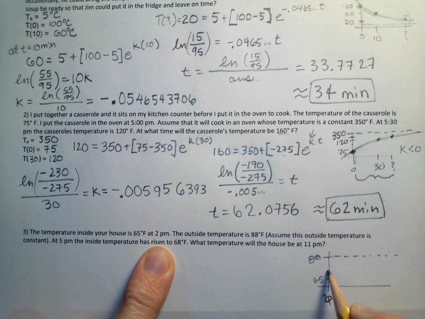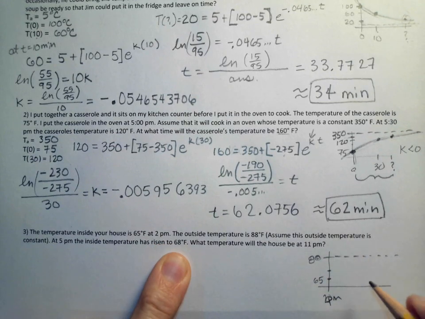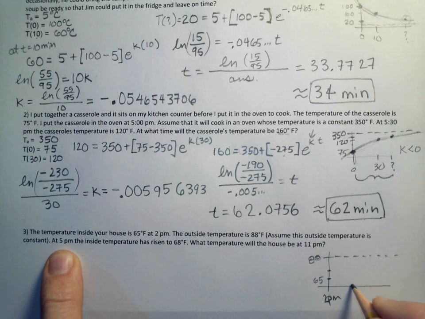Now we know at some time later, 3 hours later, at 5 p.m., the temperature is up to 68. And then we want to go, now this time we say at 11 p.m., what's the temperature? So we have again 2 points where we know both the time and the temperature. That's going to be enough to give us our K. And then we want to think about this point out here.